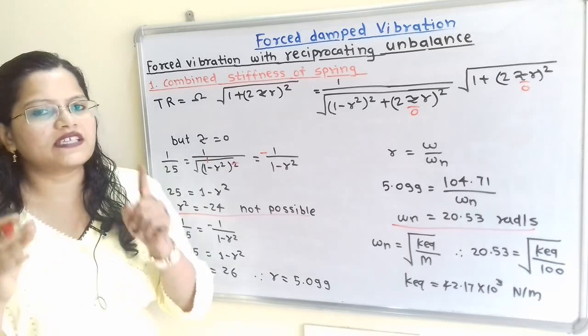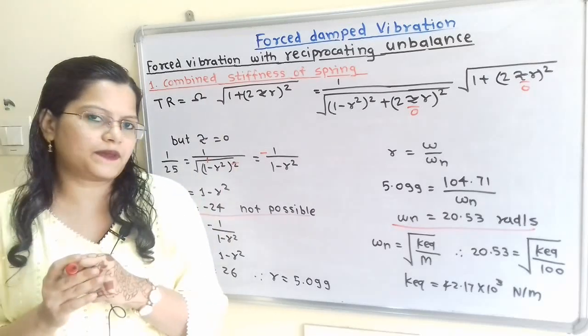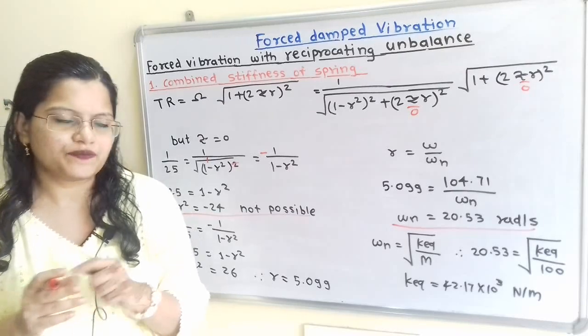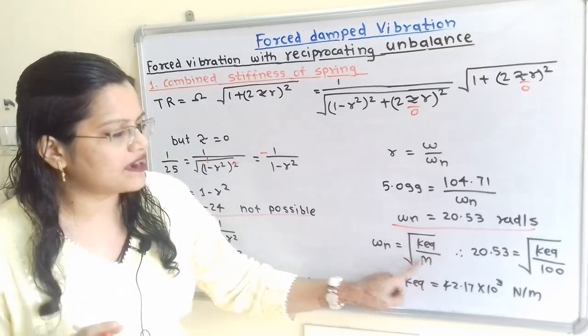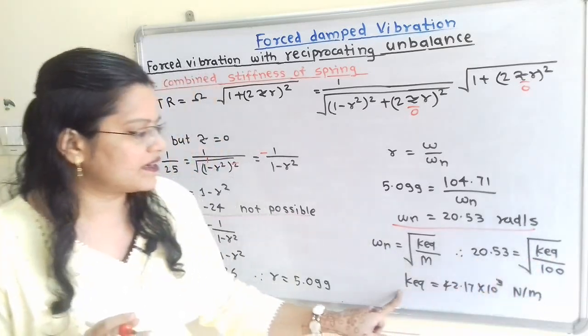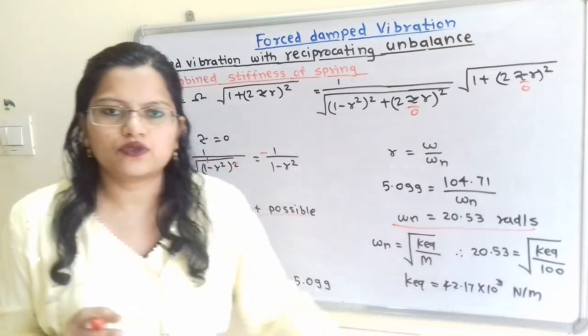Now for this case we have to consider equivalent or combined spring stiffness and the mass of the machine. So here omega n is equal to under root of K equivalent by M. So when we put the value, K equivalent is equal to 42.17 into 10 raised to 3 Newton per meter.